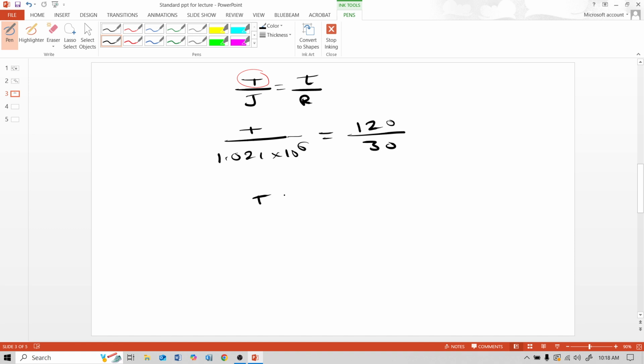So T is equal to 1.021 into 10 raised to 6 into 120 divided by 30, which is 4.084 into 10 raised to 6.